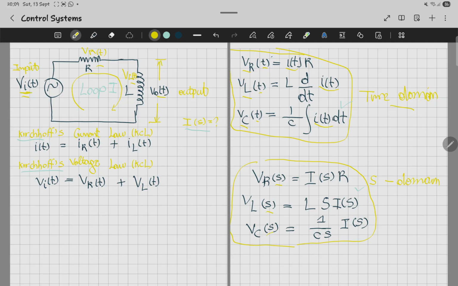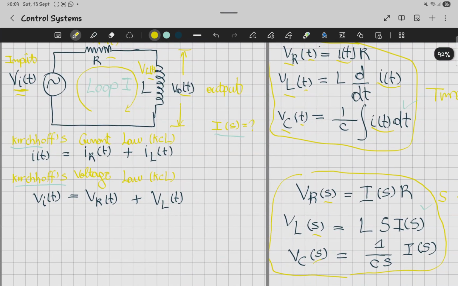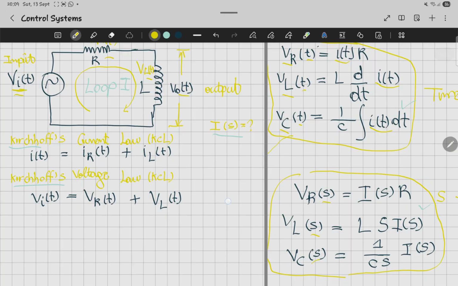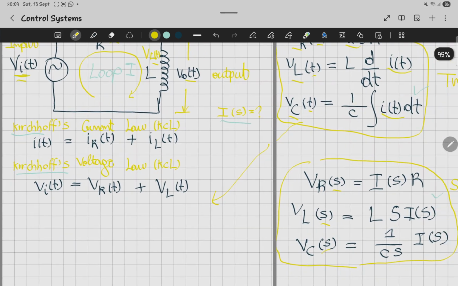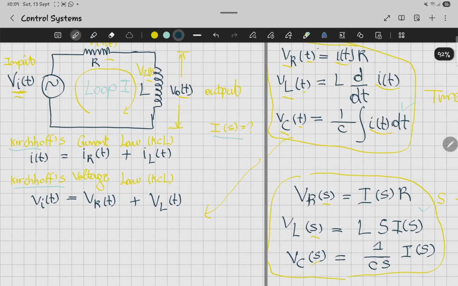Okay, so what we're going to do next, we're going to replace all these values into this equation that we got here. So what we're going to have for this equation is going to be something like this.